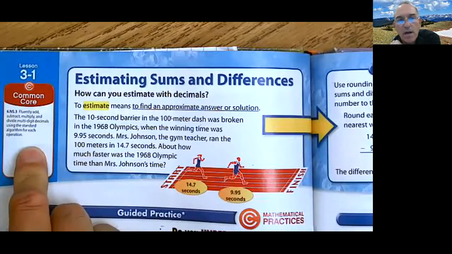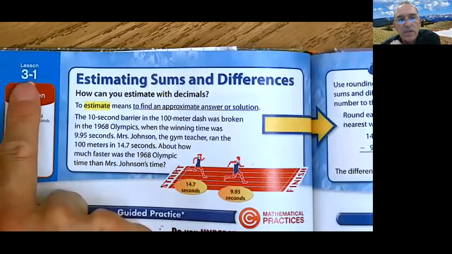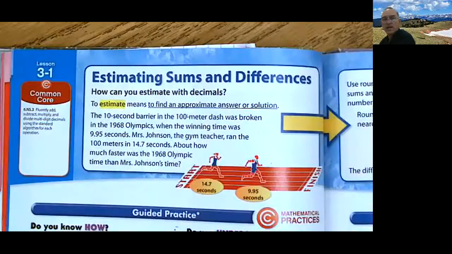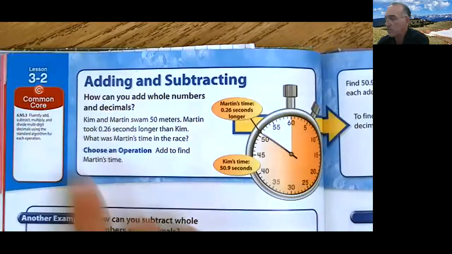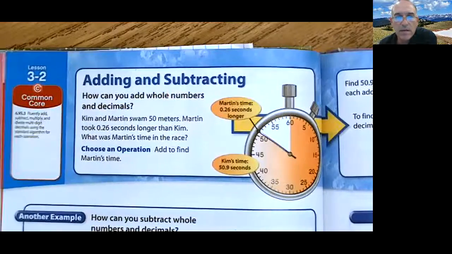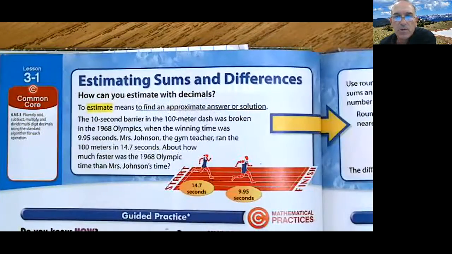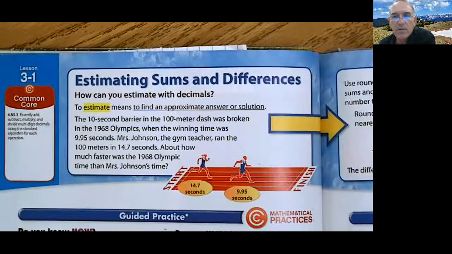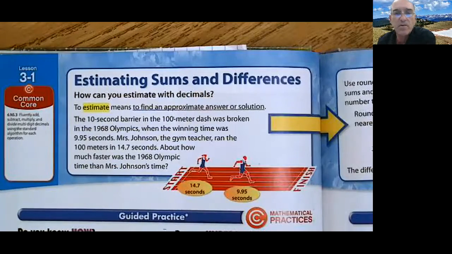The version online where you have the answers is different for just this lesson. And then starting with lesson 2, your answers online will be accurate again, okay? So you don't have accurate answers for 3-1. You do have them for the workbook, and mom and dad have those answers.